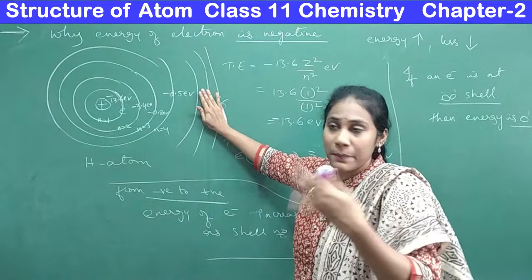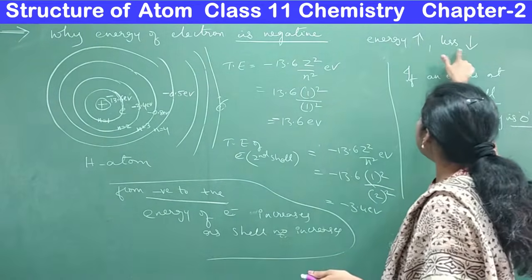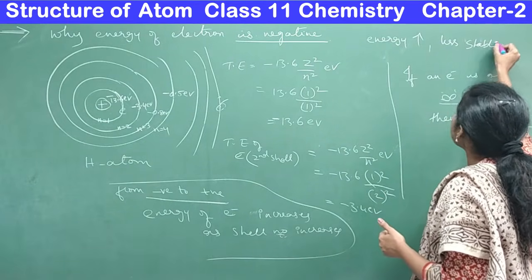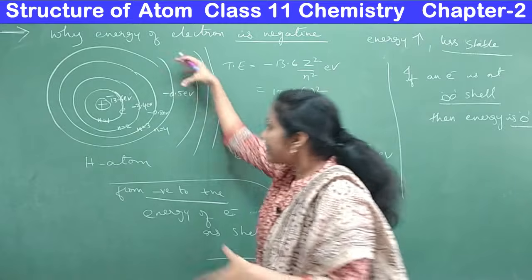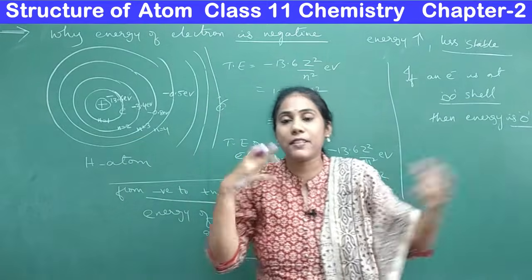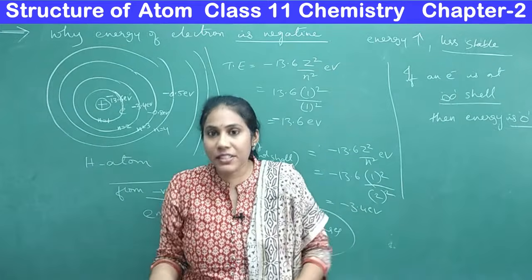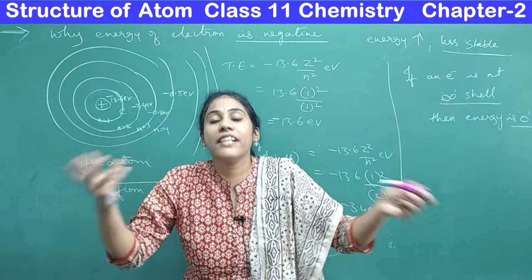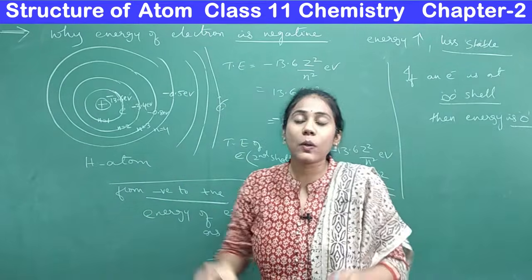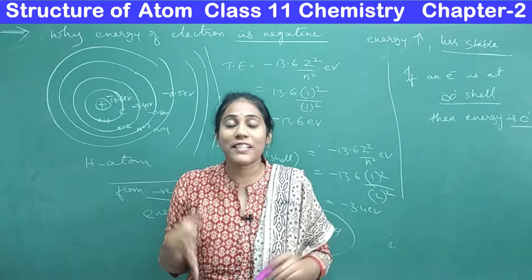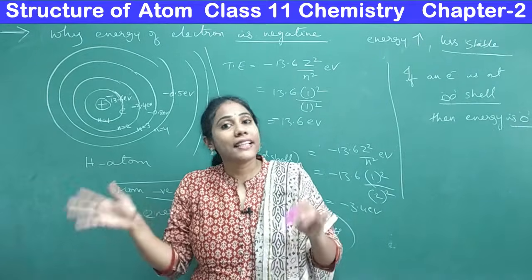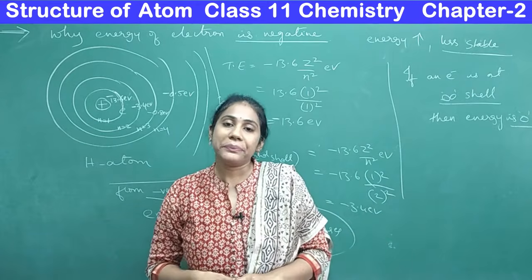Their energies are very high. I told you, high energy, less stable. Since the electrons in the last shells are very less stable, they can easily participate in chemical reactions. Less stable means it eagerly waits for the chemical reaction. That's why it's always the outermost electrons that participate in chemical reactions. It's because their energy is very high. They are not stable. They can easily go out of the atom.